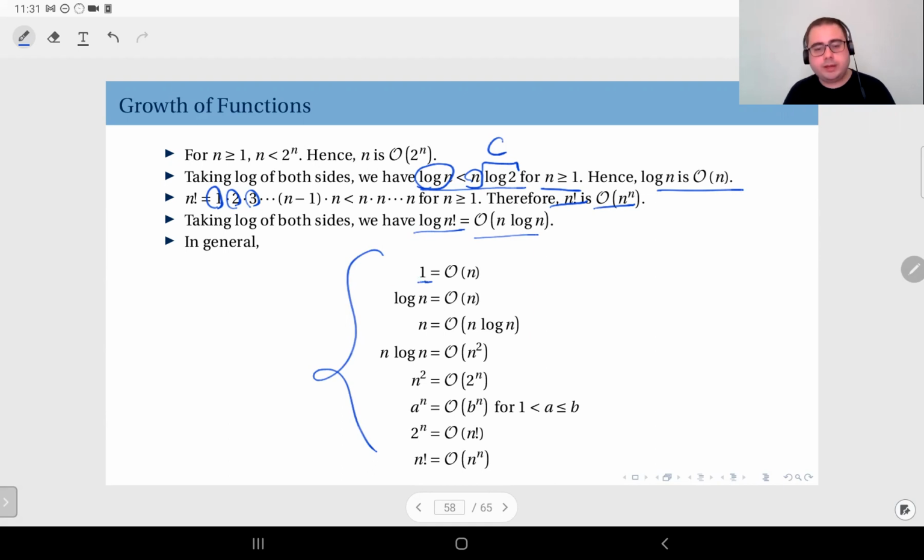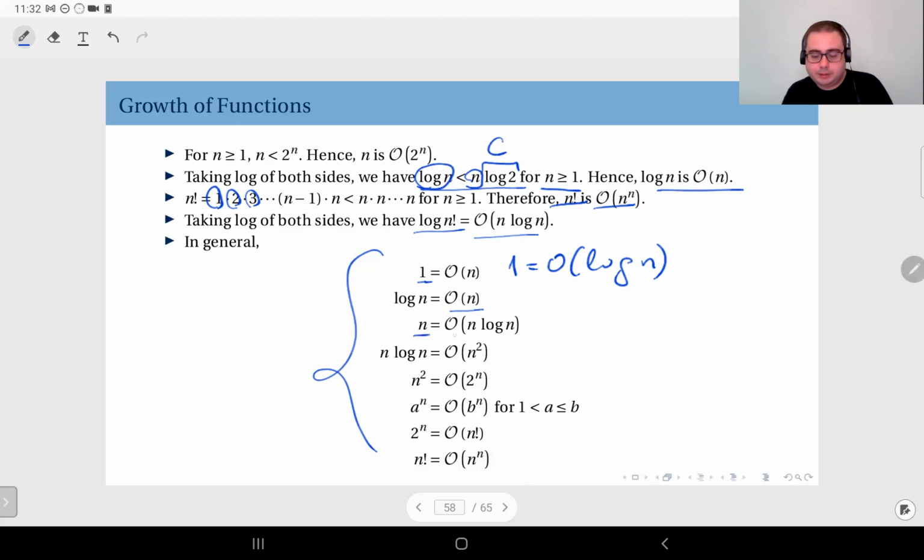And in general, here's a summary of some elementary functions. 1, or any constant, is big O of n, and log n is big O of n. In fact, 1 or any constant is also big O of log n, or any function that grows with n, because a constant doesn't actually grow.